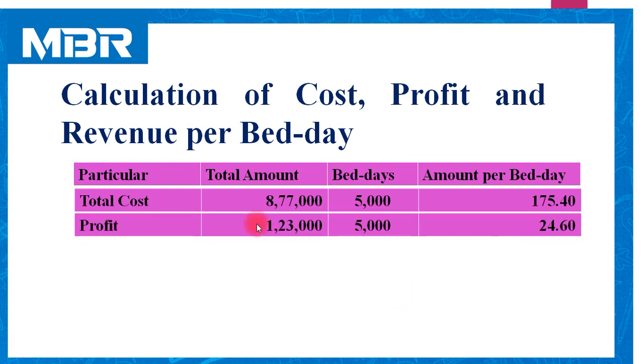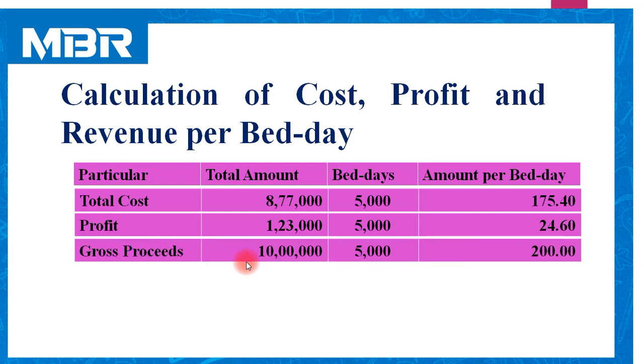Profit, 1,23,000, bed days 5,000. Amount of profit is available to us from the previous statement. Number of bed days that we have computed earlier. 1,23,000 divided by 5,000 equals 24.6 per bed day.